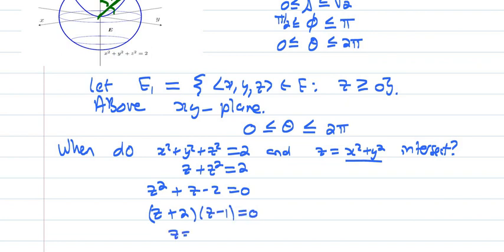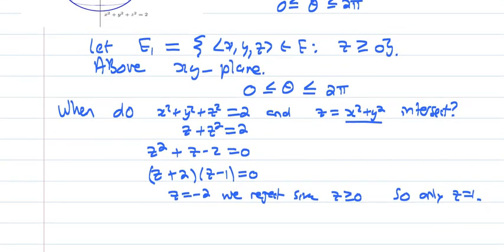So we get z is minus 2, which we reject, since z is greater than or equal to 0, so only z equal to 1. So we see that the two surfaces intersect when z equal to 1. All right?